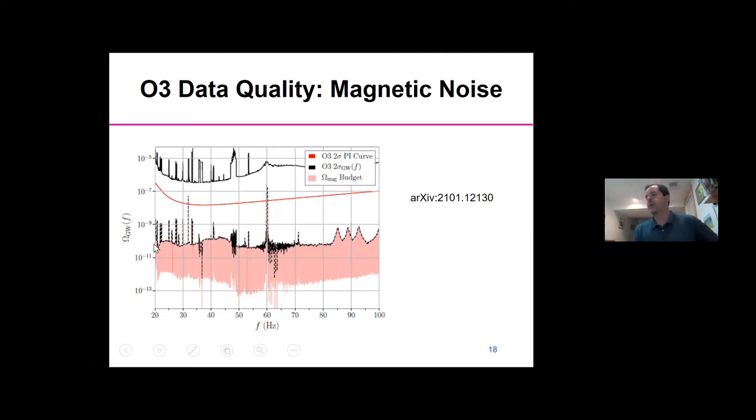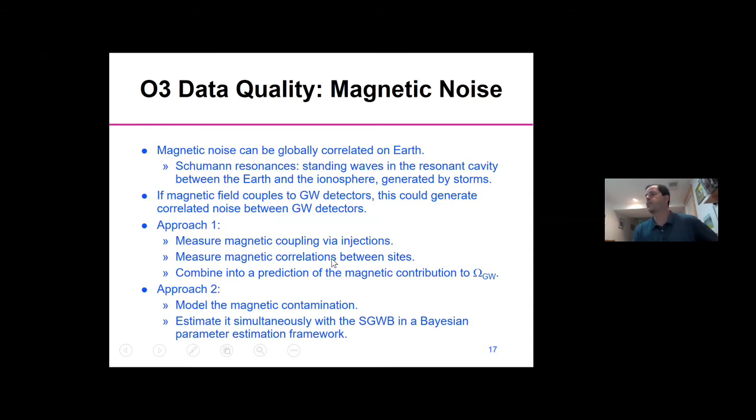And that's to be compared with the dashed black curve here, which is our estimate of the magnetic field contribution to omega. So this is the first approach where we measure the magnetic correlations between the two sites. We measure the coupling of magnetic field to a strain channel at each detector, and then pull them together to estimate their contribution to omega.